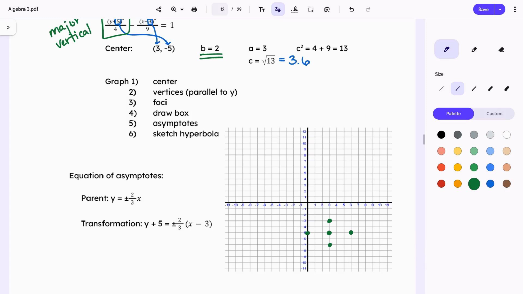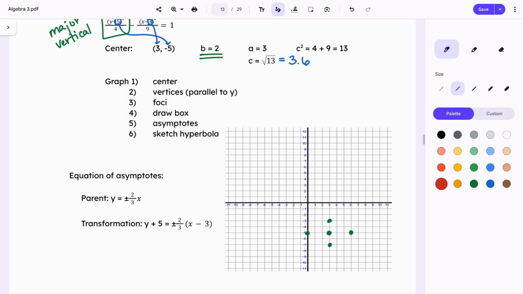Okay, now my branches are going to come off of these 2 points here because like I said, it's going to open up and it's going to open down. But I need those asymptotes drawn in so that I can figure out how big of a branch I should make. I don't want to make it too big. I also don't want to make it too small. So I need to think about those asymptotes. Since the y came first, just like what we talked about on our bell ringer today, you put your b over your a term.